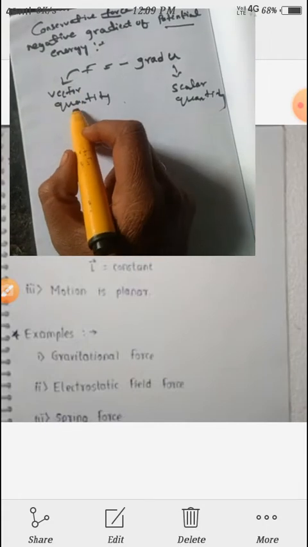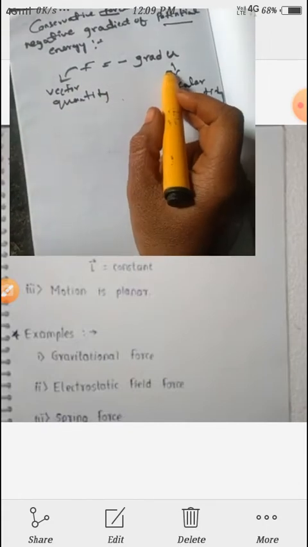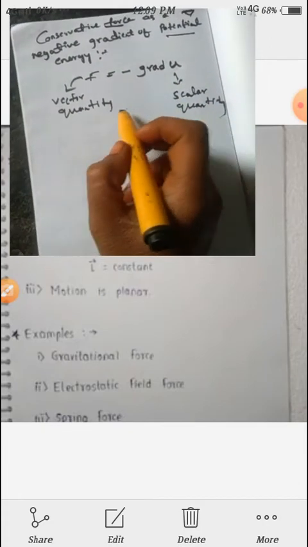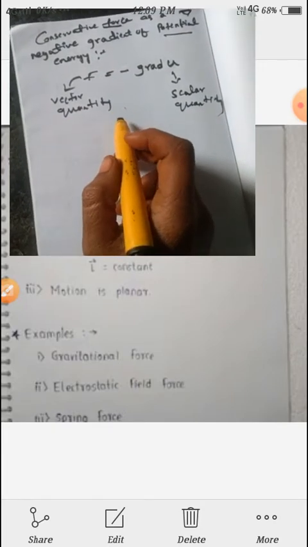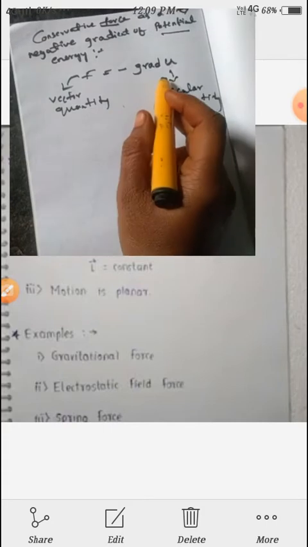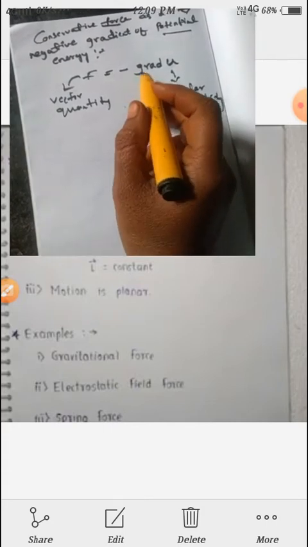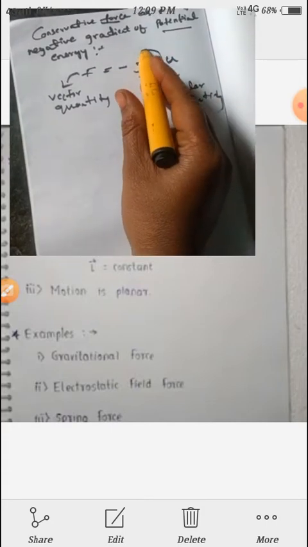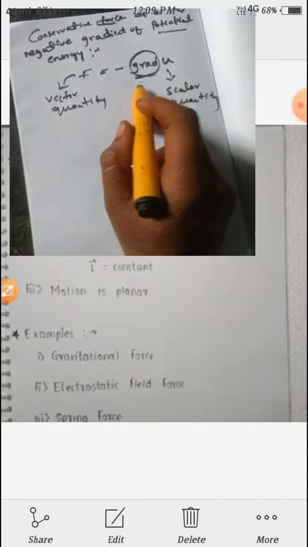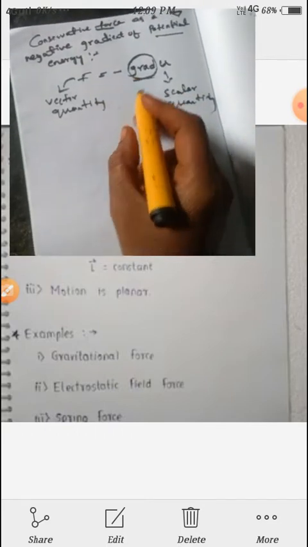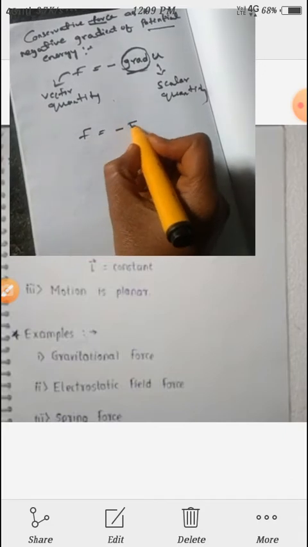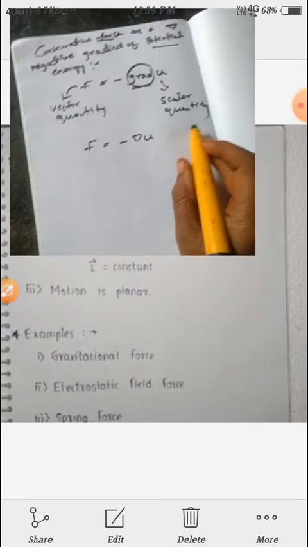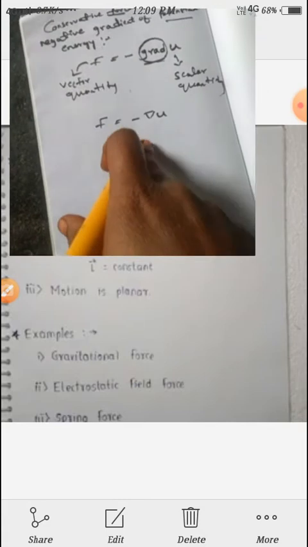Here F is a vector quantity, potential energy is a scalar quantity. So to balance this equation, we have to utilize grad here, that is, grad is also expressed as del. F is equal to minus del U. We need to prove this.